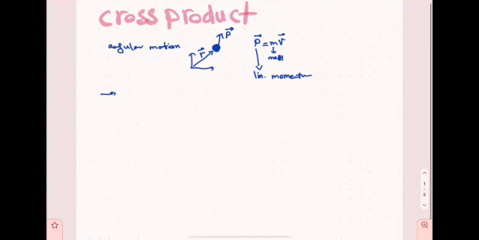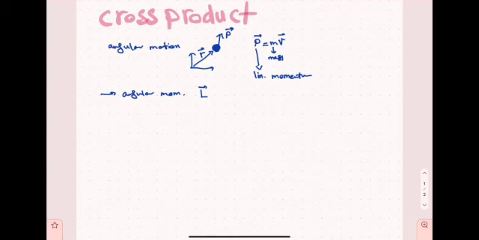It turns out that the angular momentum, which we would show by L, is a vector that would not be in the plane of R and P. However, it would be perpendicular to this plane, and we could calculate it from these two vectors, R being the distance to the axis of rotation, for example, and P the linear momentum.